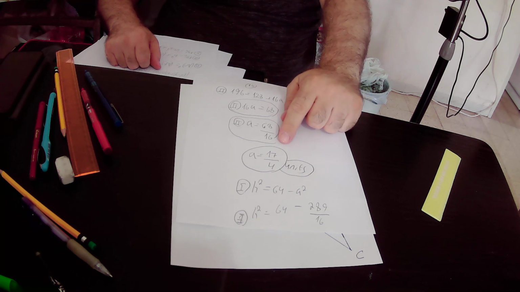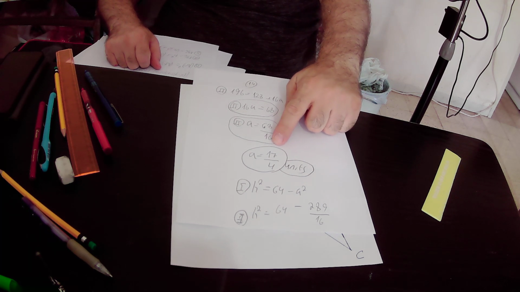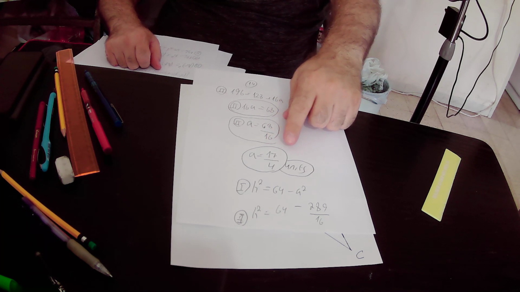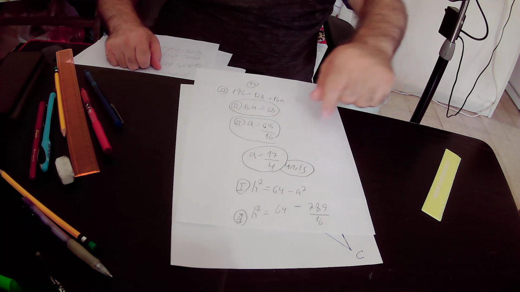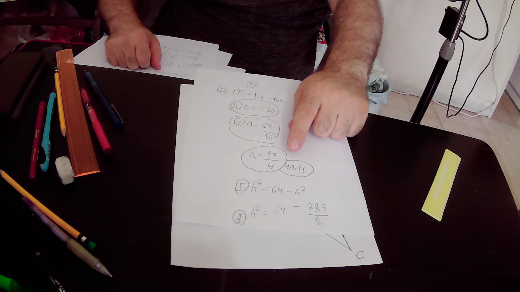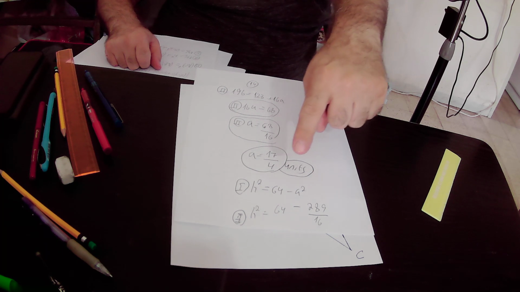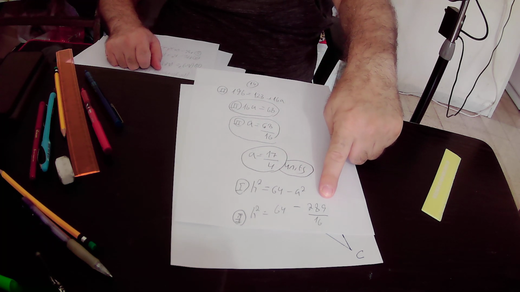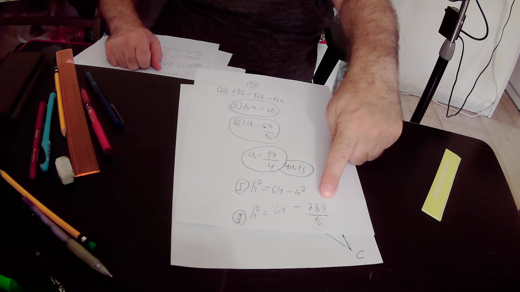Okay, we found out that a equals 17 over 4 units. So if a equals 17 over 4 units, we can square this equality, and we found out the value of a squared. A squared equals 289 over 16. Okay, so h squared equals 64 minus a squared.